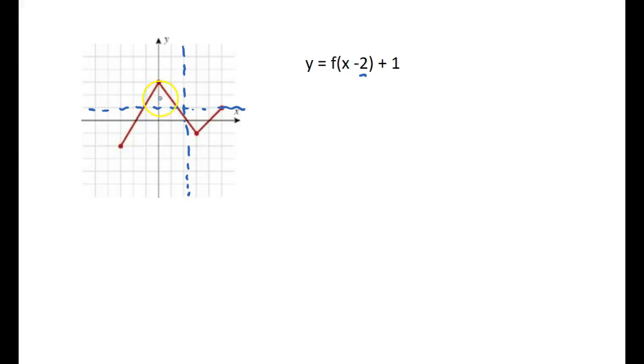This point here will go to the right 2, up 1. This point here will go to the right 2, up 1. This point down here will go to the right 2, up 1. And this point will go to the right 2, up 1. And so our transformed graph looks like this. Notice that the shape does not change. That's a rigid transformation.